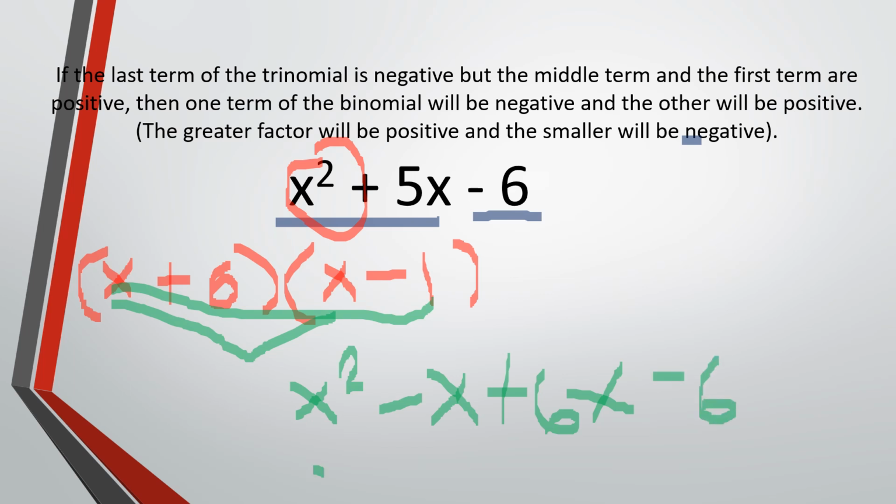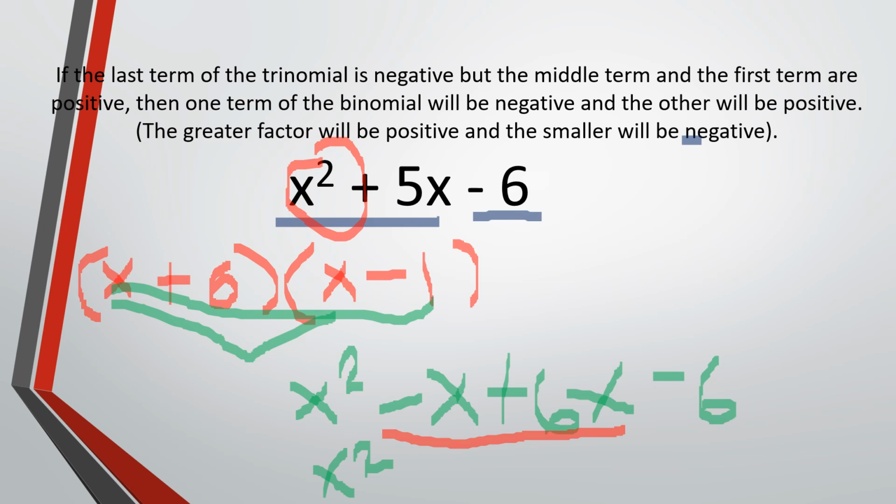Now, bring down the first term. Combine the middle terms. Take note, they have different signs. One is negative x, while the other is positive 6x. That means we have to subtract them and copy the sign of the bigger number.